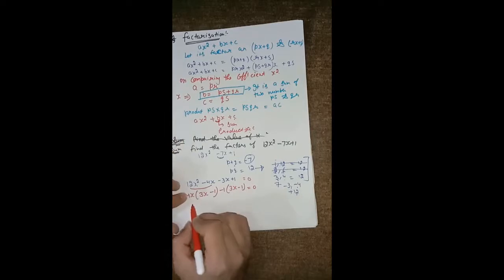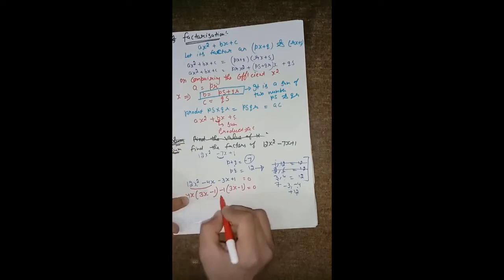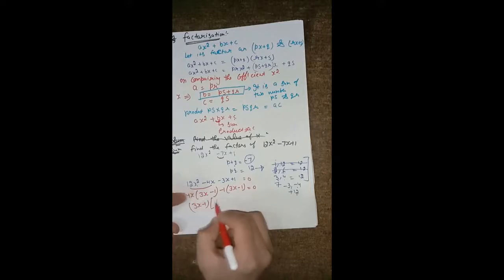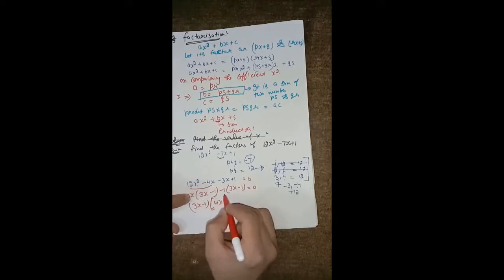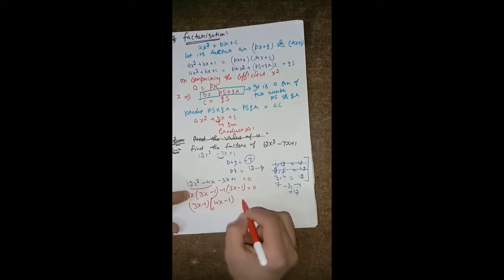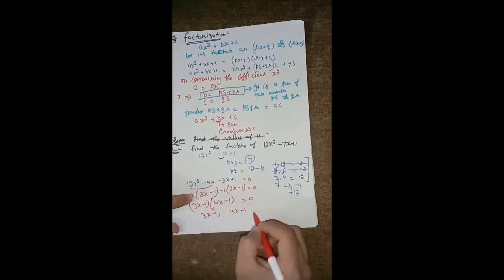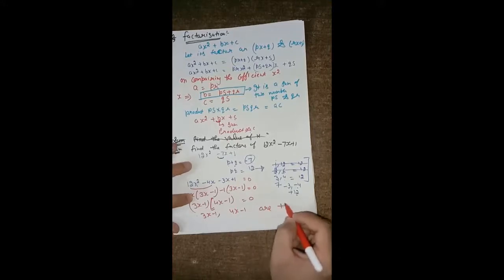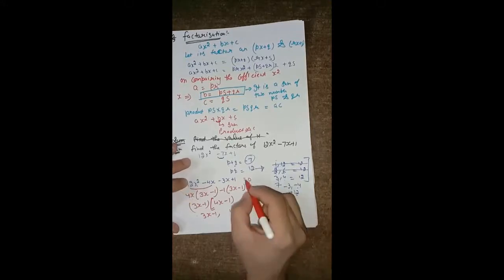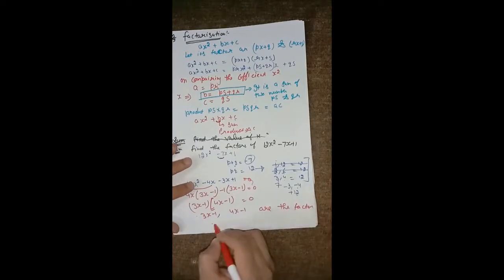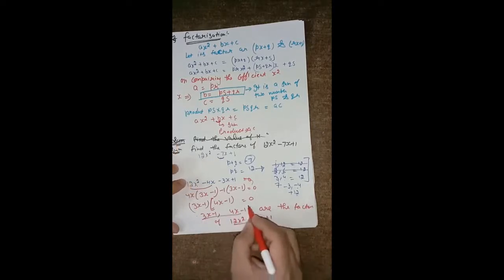Now if I common out 3x minus 1, I am left with 4x minus 1. Means 3x minus 1 and 4x minus 1 are the factors of 12x square minus 7x plus 1. These are the factors.